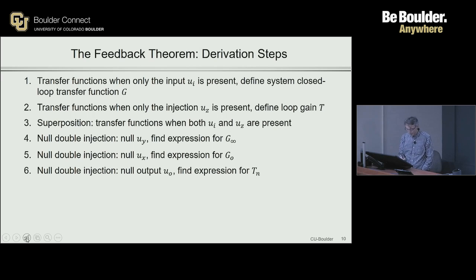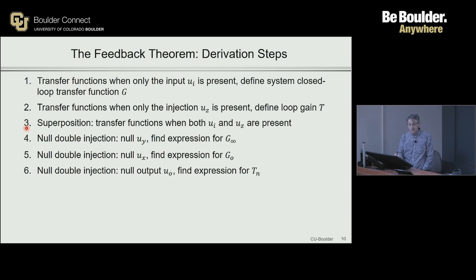First of all, defining transfer functions when only the input signal is present. That is going to define the system closed loop transfer function G. Then we find the transfer functions when only the injection is present, and that's going to give us the loop gain T. We already know that, right? But let's do it in the context of the feedback theorem.